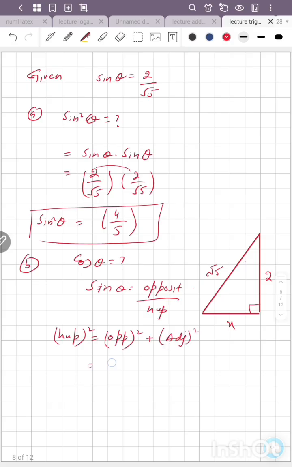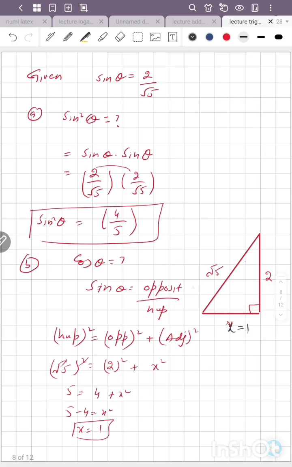Now the opposite is 2 square, the adjacent is x square, and the hypotenuse is square root 5 square. So these squares cancel. 5 equals 4 plus x square. So 5 minus 4 equals x square, x equals 1. We got this one.